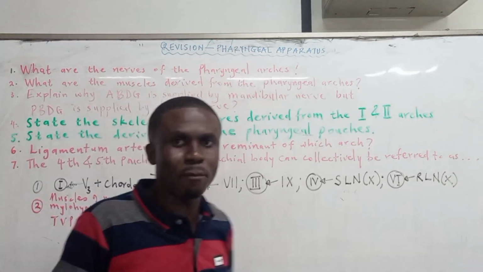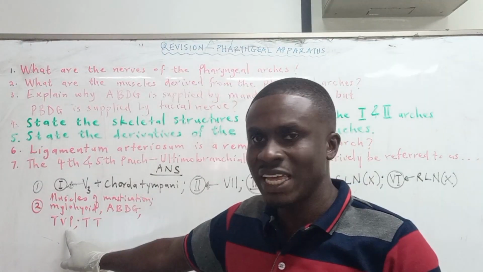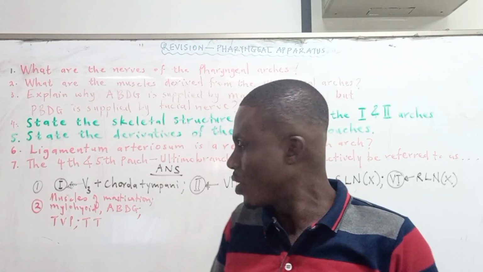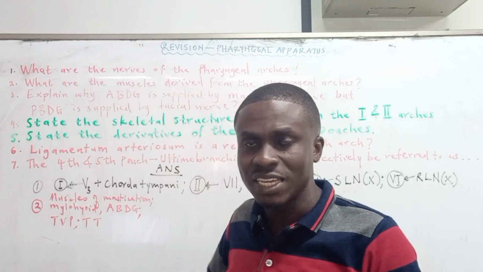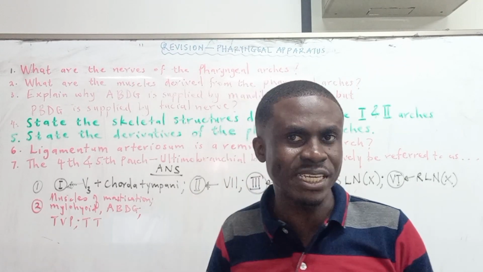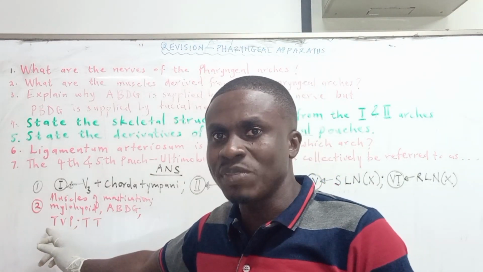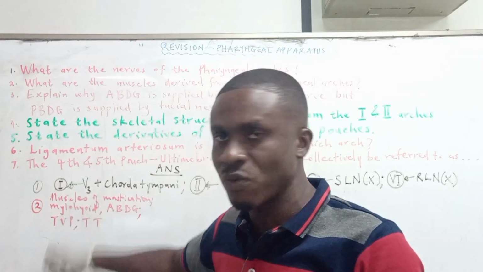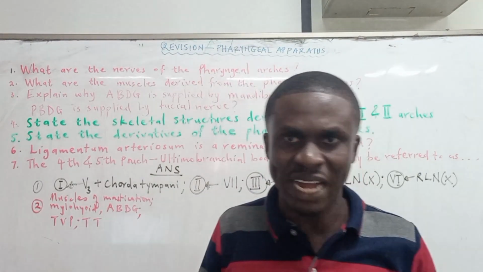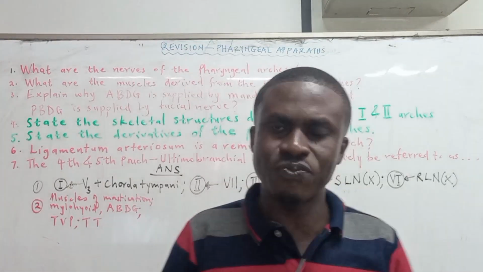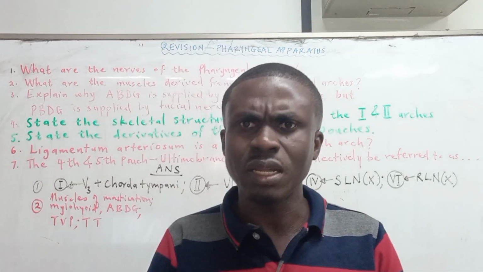Tensor veli palatini is a muscle of the palate, while tensor tympani is a muscle of the middle ear. Because they begin with the name tensor, they are derived from the first pharyngeal arch. Therefore, their nerve supply is coming from the main trunk of the mandibular nerve.